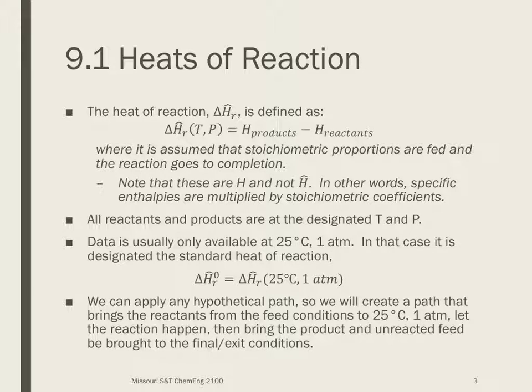And this will indicate it's the standard value, and we just know that that means 25 C and 1 atmosphere. Now the trick is, just like we've done before, we can take our process through any hypothetical path. So the easy thing is, bring all of those reactants and products to 25 degrees C, 1 atmosphere, have the reaction happen there, and then it's not a problem that that's the only heat of reaction data that I might have.